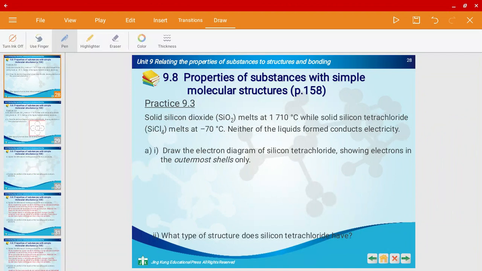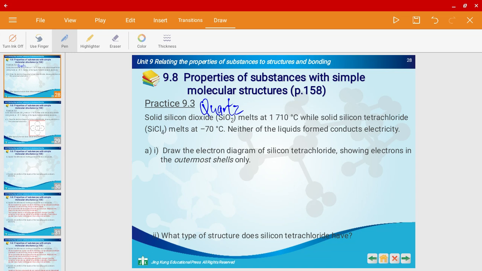Solid silicon dioxide, SiO2, which has another name, quartz, melts at 1710 degrees Celsius, pretty high, while solid silicon tetrachloride melts at negative 70 degrees Celsius, so that's pretty low. Neither of the liquids formed conduct electricity. Question A1: Draw the electron diagram of silicon tetrachloride, showing electrons in the outermost shells only.